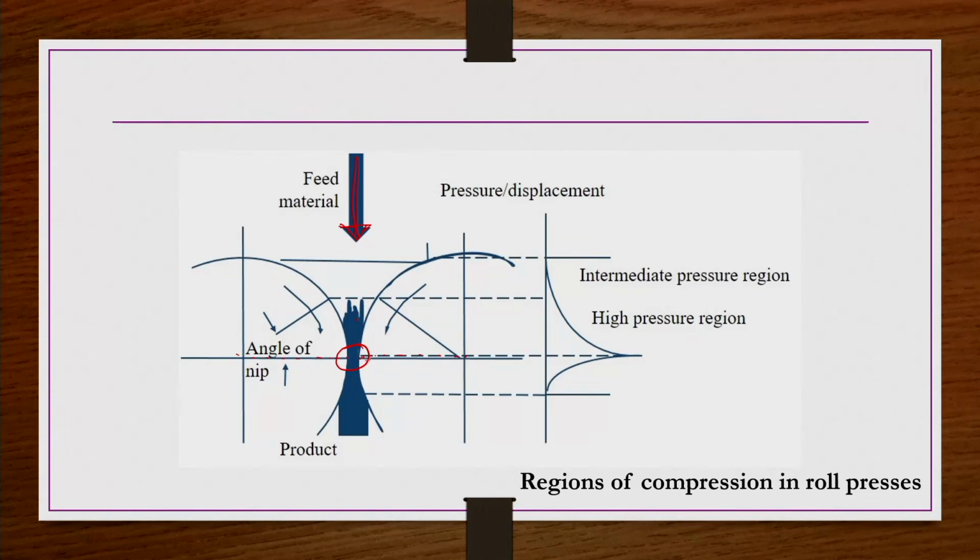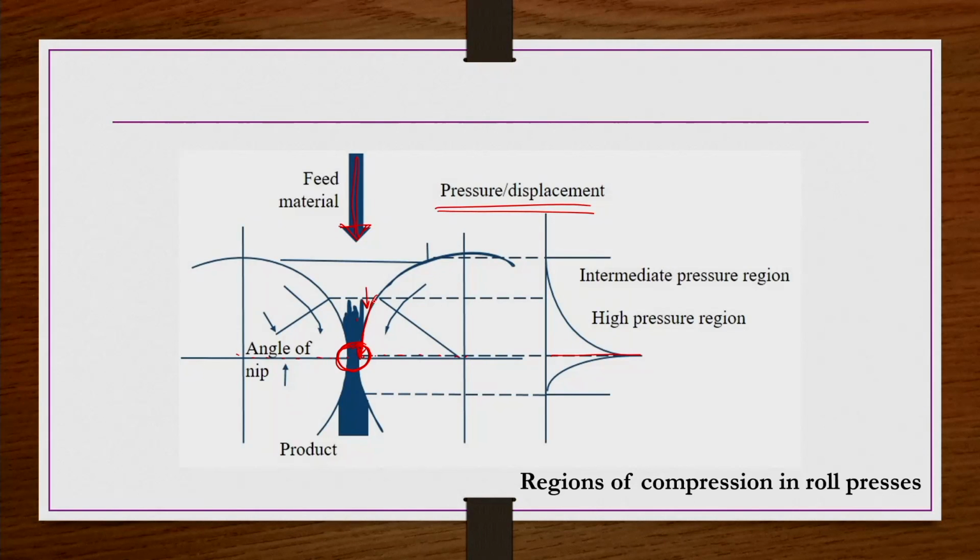On that point, in general, you may have the high pressure at the contact point here, and a kind of intermediate pressure somewhere here, when the material is first coming and interacting with these rolls, right? And from here towards the center, the material gradually experiences gradually increasing pressure. The pressure outside is a kind of normal pressure, whatever the feeding pressure is.